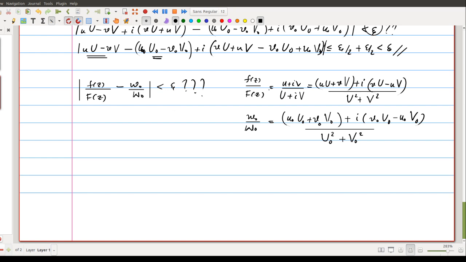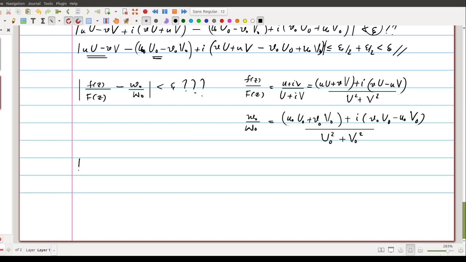To prove this, we consider the two quotients, f of z by capital F of z and omega naught by w naught. By simplifying or rationalizing this quotient, you will get these forms for small f of z by capital F of z and omega naught by w naught. So we will prove that this quantity tends to this.